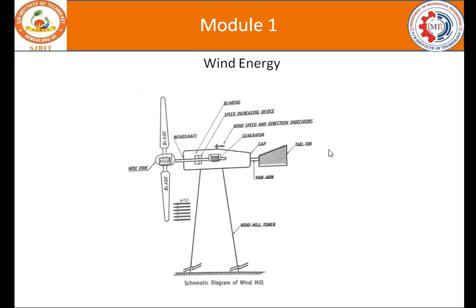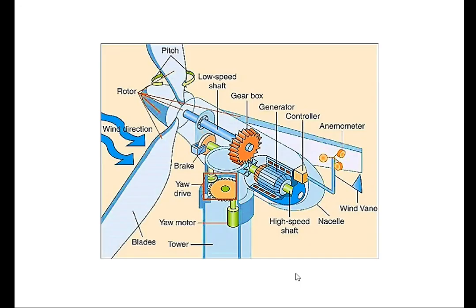There will be a base attachment which has to be taken care of. Here you can see the inner parts of the blade, how they look, and how the system is going to work.